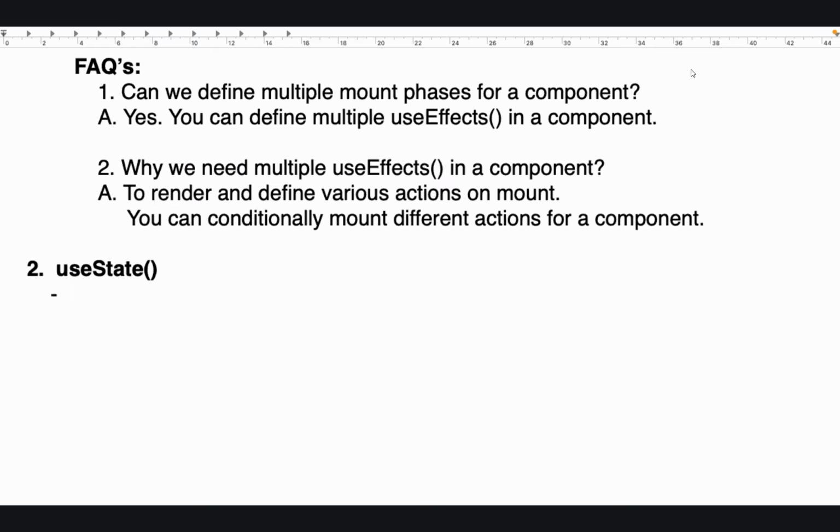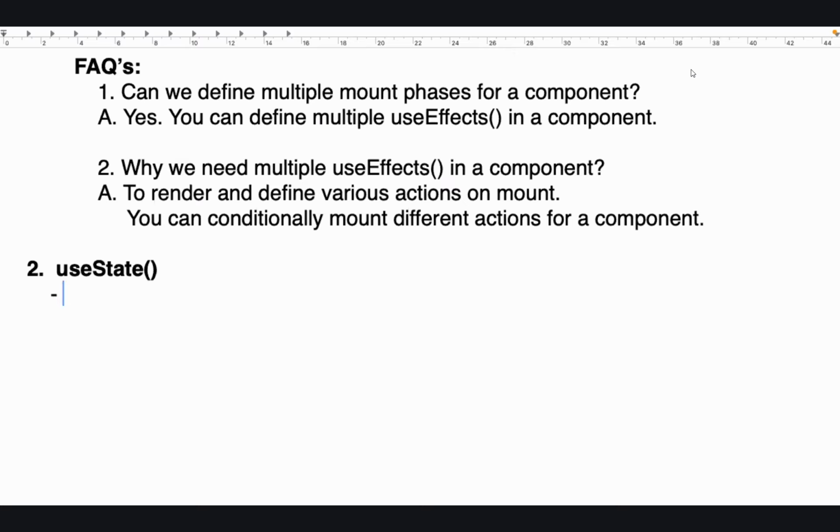So it is not recommended to store data in variables for a component to use across requests. If you want to store some data and use it for a component across requests, it is recommended to use useState. It maintains a local state for your component. We are using the local state so that we can store any value and use it across requests.